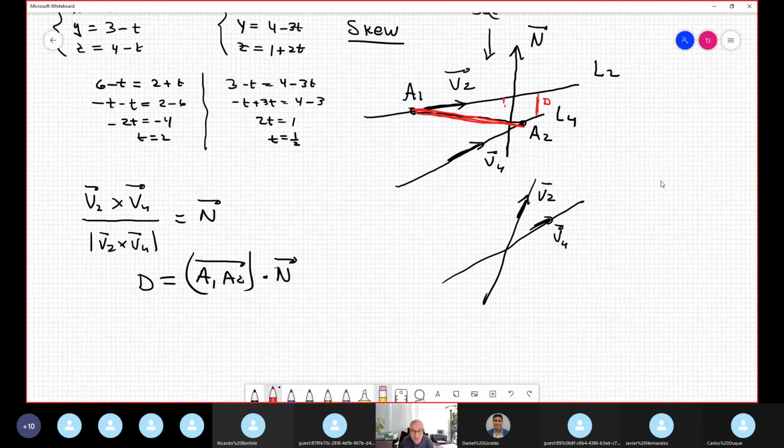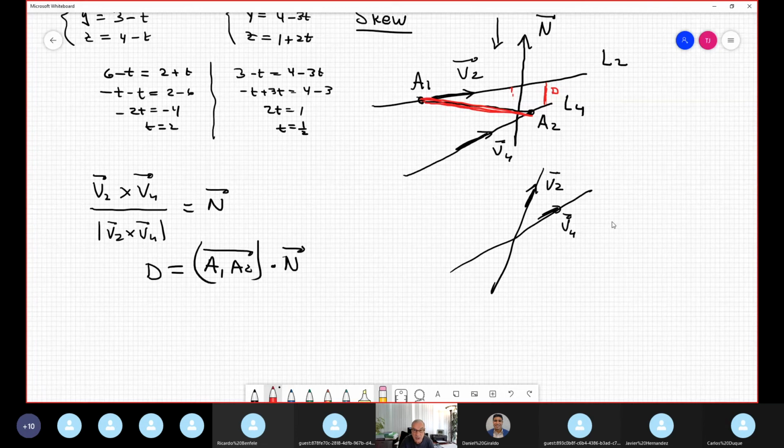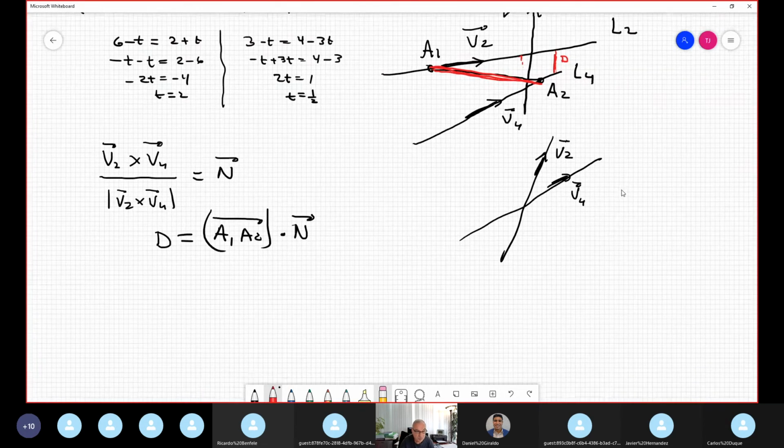So now basically, the thing we need to do is find the vector M, and the vector M is the unit vector in the direction perpendicular to B2 and B4.